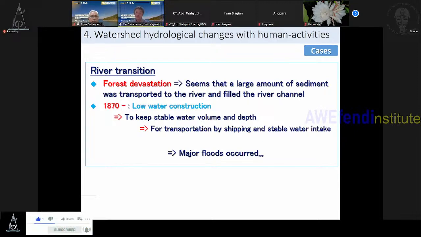So people wanted to use the river as a channel, or what can I say, a conduit for shipping and water intake. But this was not for flood protection, so major floods occurred many times in this age.